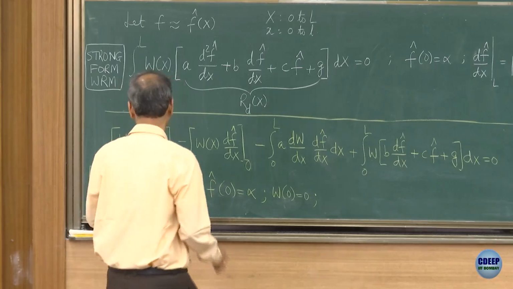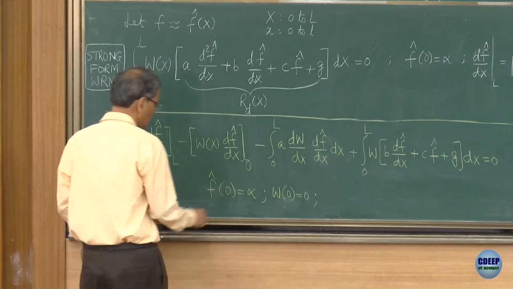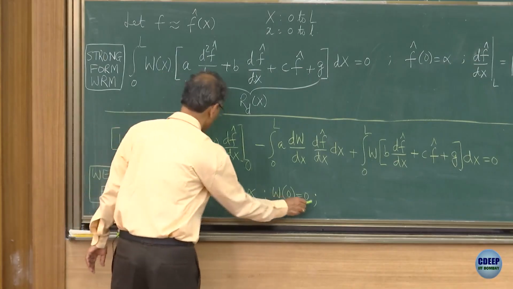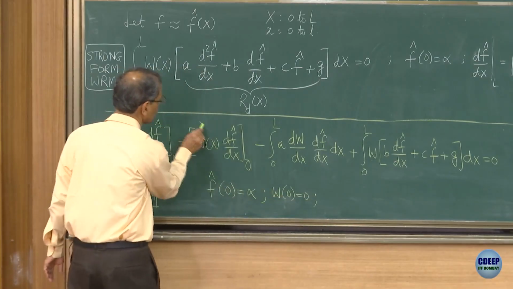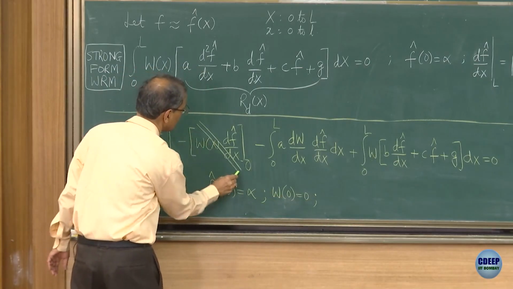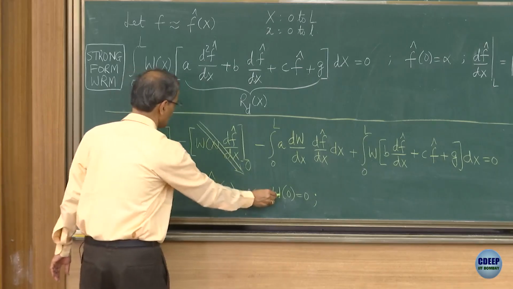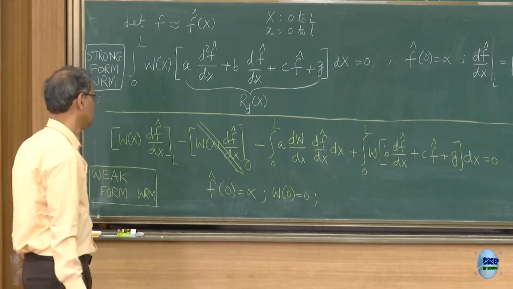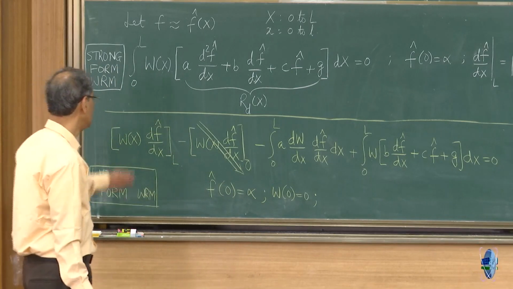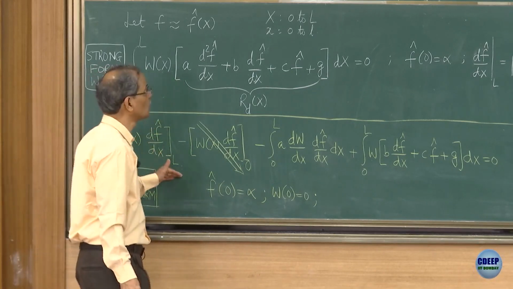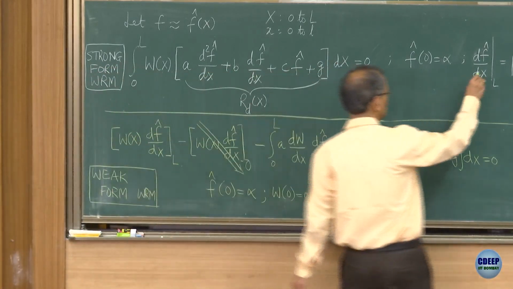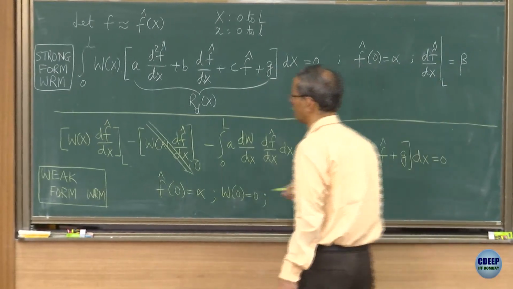Okay. Now what we did, because w of 0 is 0, so I am going to strike this off. Because w of 0 is 0. And df hat by dx at x is equal to L has been prescribed to be beta.